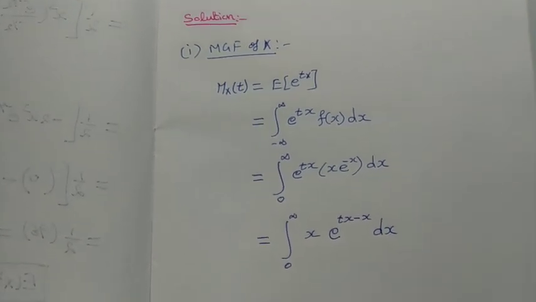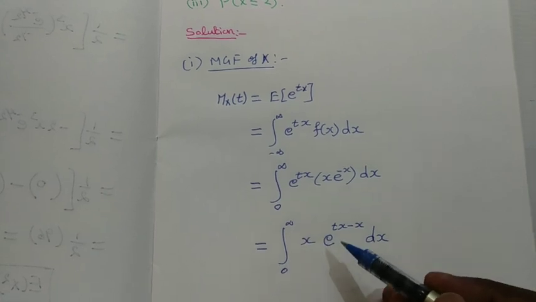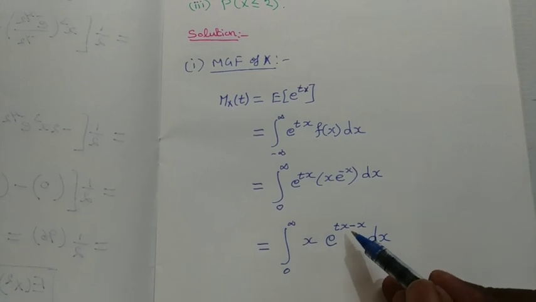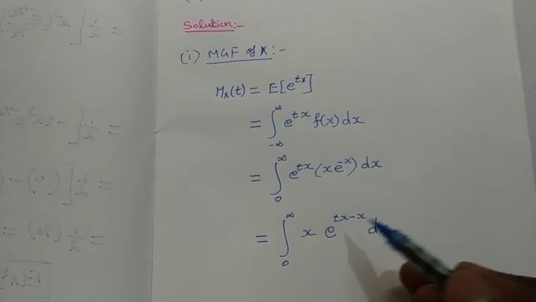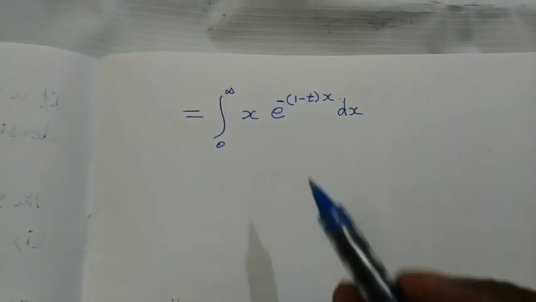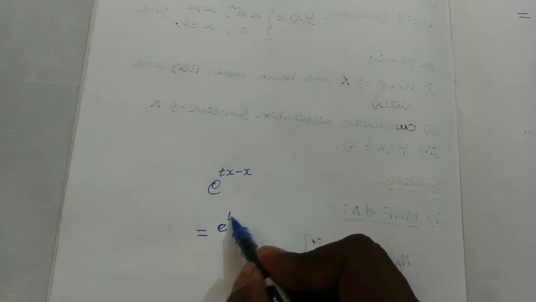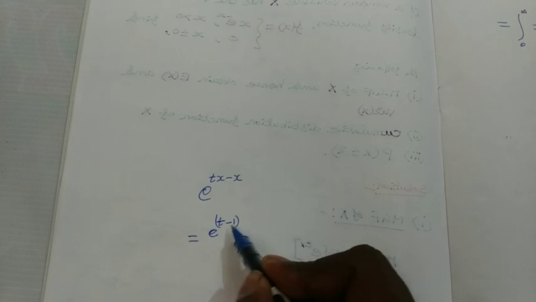But you see the integral has the limit infinity, so I want to form e power minus x, because e power minus infinity is 0. So I take x outside. Taking x to the right hand side, e power tx minus x becomes t minus 1 of x.